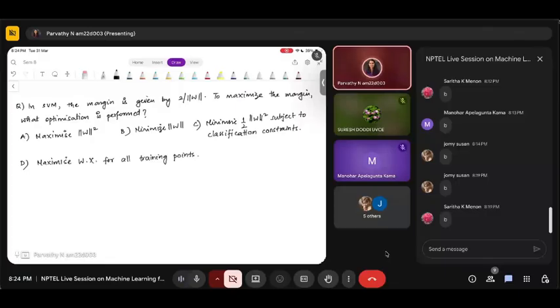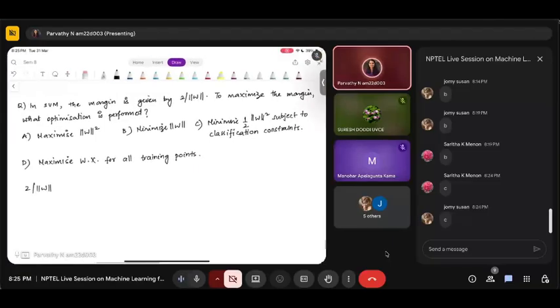In SVM, the margin is given by 2 by the norm of W. To maximize the margin, what optimization is performed? So you have to maximize the margin, and the distance of a point to a line is given by this 2 by norm of W. But maximizing 2 by the norm of W is equivalent to minimizing the norm.